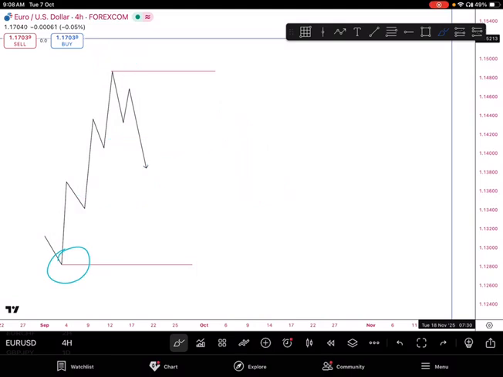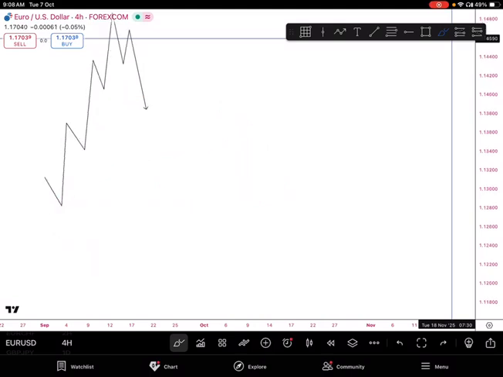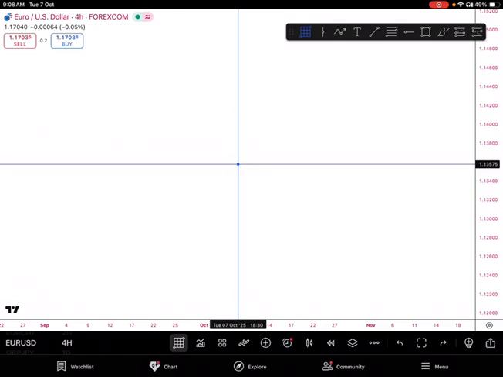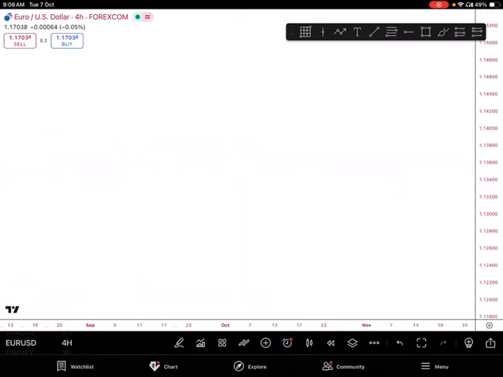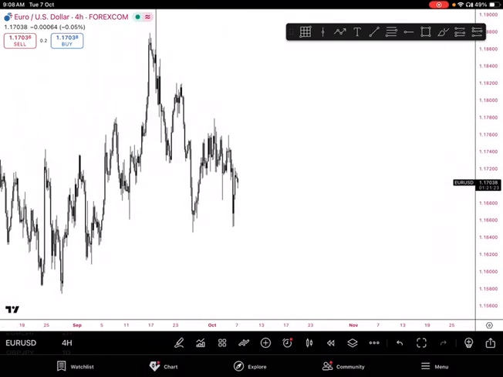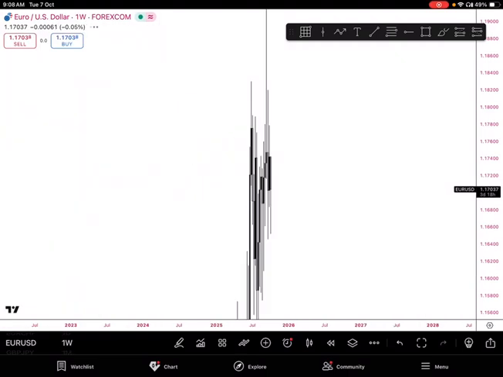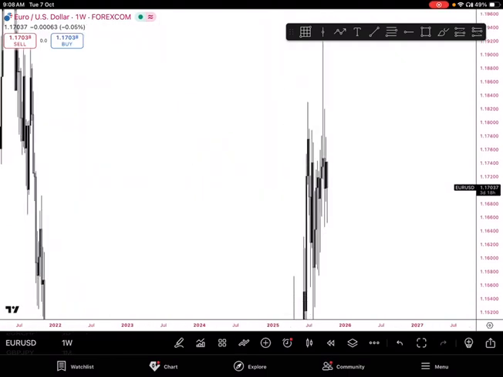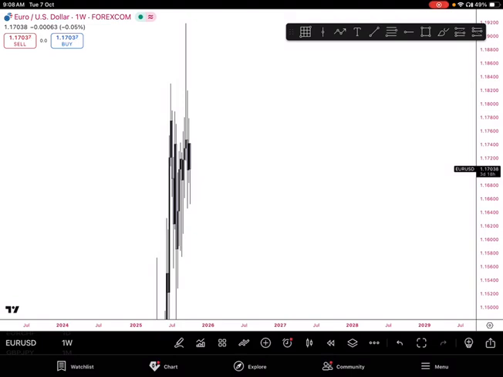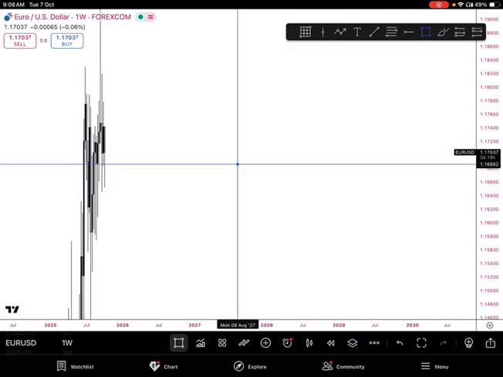Understand? So whenever you start building bias or start to take trades, you always need to look from a higher time frame structure, which is weekly, daily, or monthly. You always need to look at at least three time frames for taking any trades.